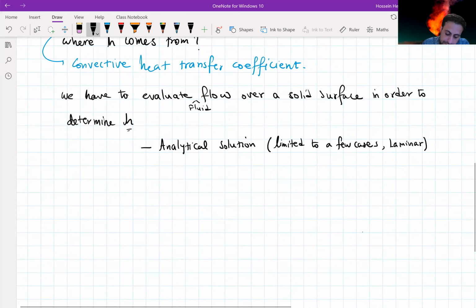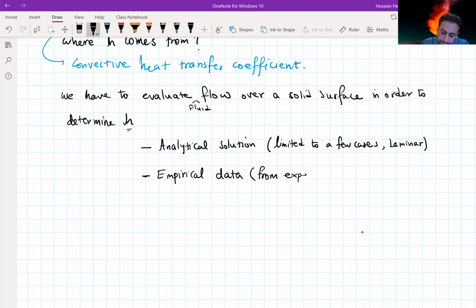The other way that we obtain h is by empirical data that we get from experiments, and these are widely used to obtain h.